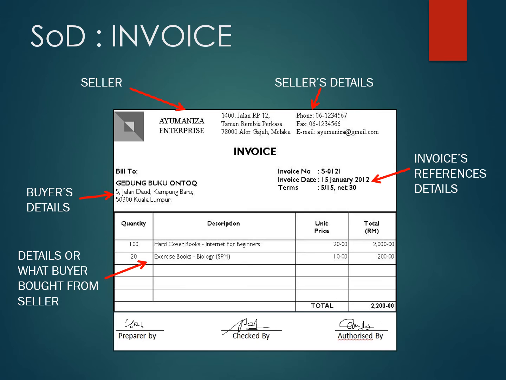If the invoice is printed out by computer, you do not have the prepared by, checked by, or authorized by, because a computer generated invoice already has security measures taken into consideration by the computer application itself.